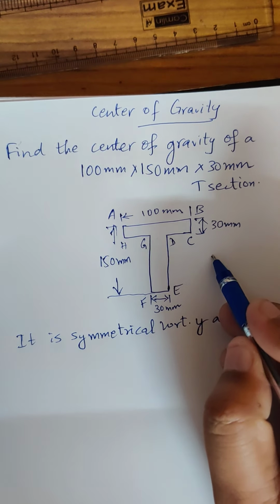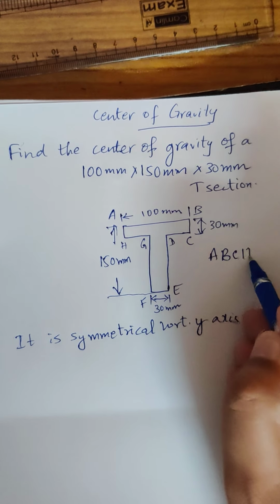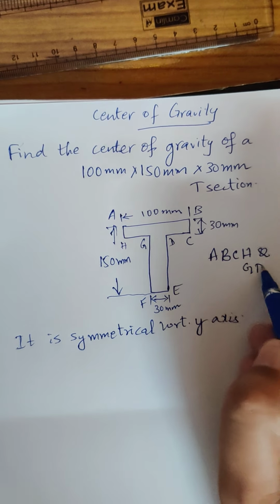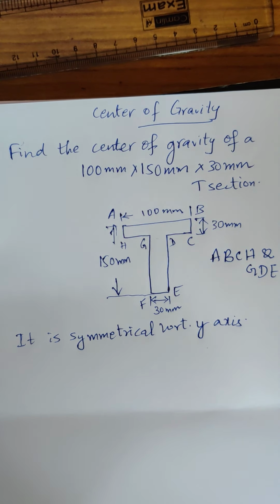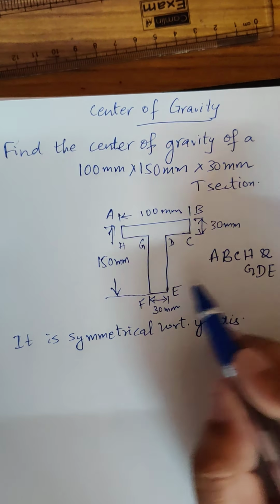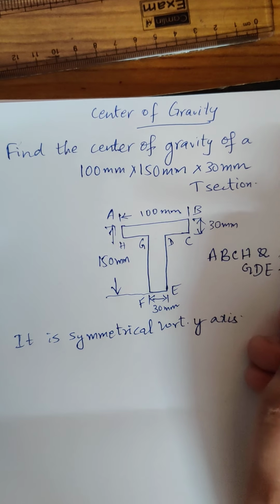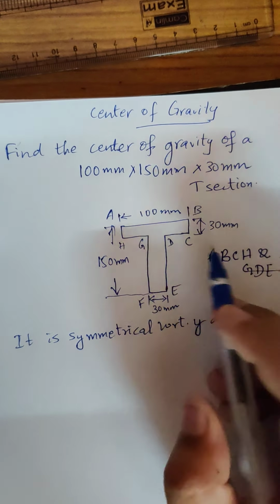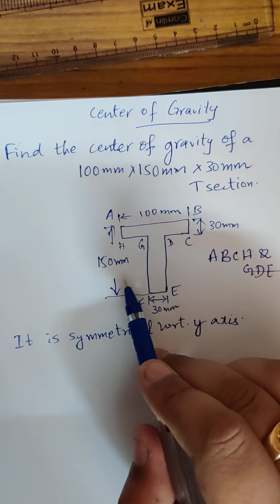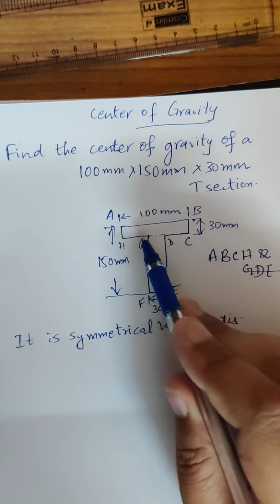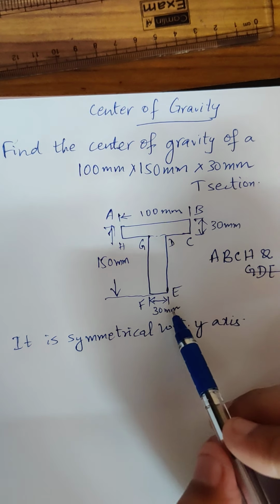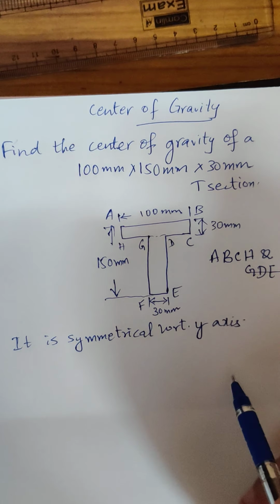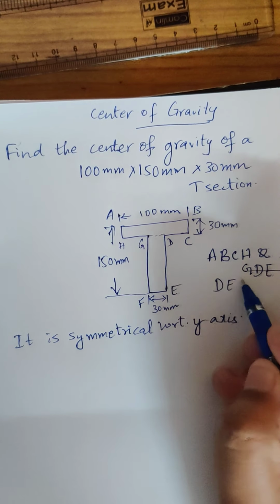The two rectangles I have named as A, B, C, H and G, D, E, F. I can easily call it as D, E, F, G, so that it is easy for us to denote. So A, B, C, H, and we'll take it in order, and D, E, F, G. Is that clear, students? D, E, F, G.